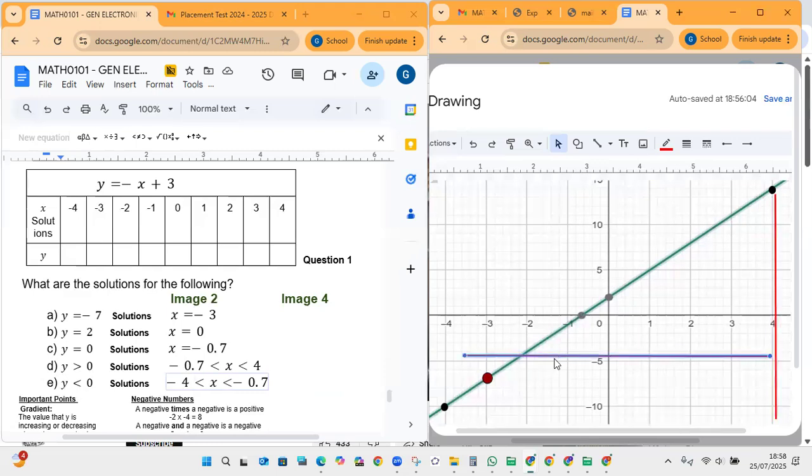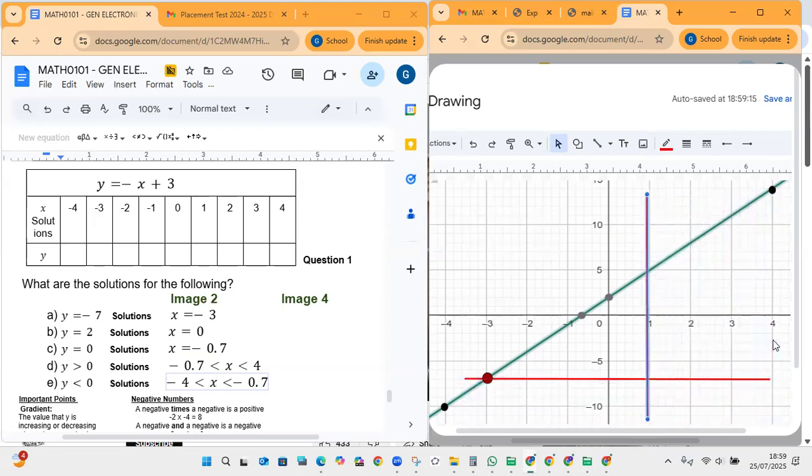And the solution for when y is equal to 0 is negative 0.7. The solution for when y is equal to 2, x has to be 0. And for y equal to negative 7, the x value is actually negative 3.